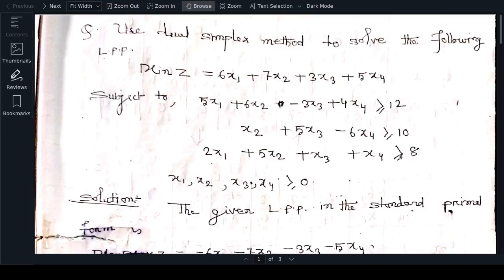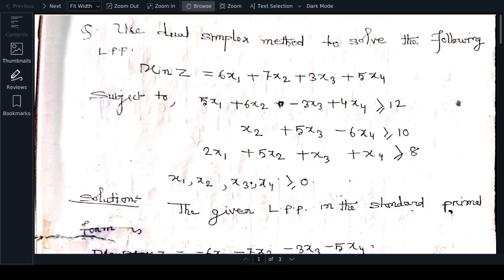Given today, the first problem is to use the dual simplex method to solve the following LPP. The objective function is to minimize z equal to 6x1 plus 7x2 plus 3x3 plus 5x4. And the constraints are given.